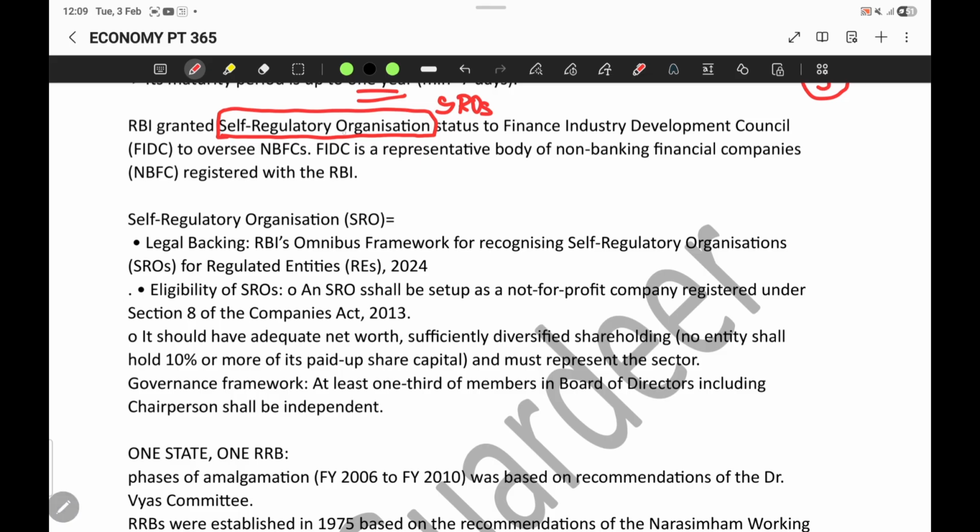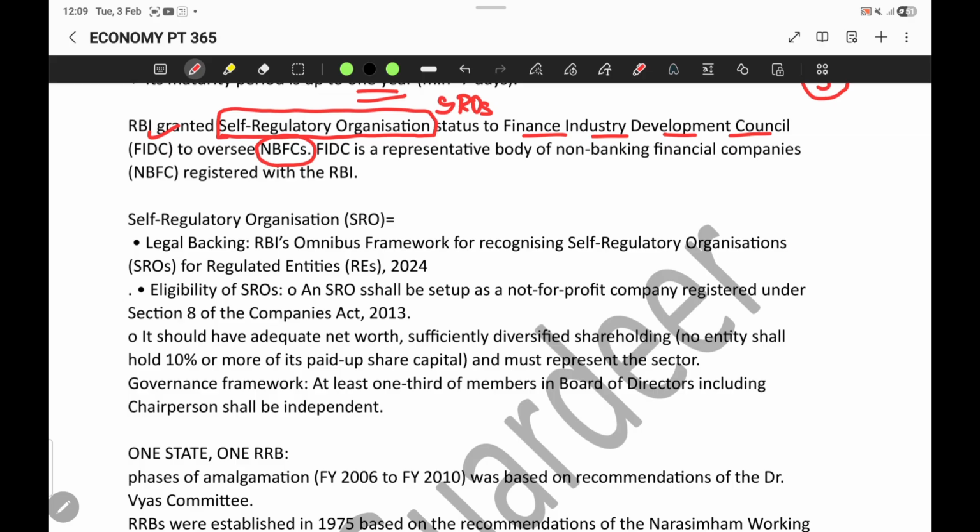RBI granted SRO status to the Finance Industry Development Council, FIDC, to oversee NBFCs. In the options they may ask which among the following councils was recently changed to an SRO organization to oversee NBFCs. It is nothing but the FIDC, that is Finance Industry Development Council.